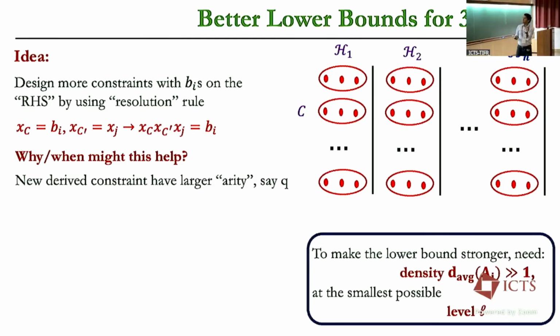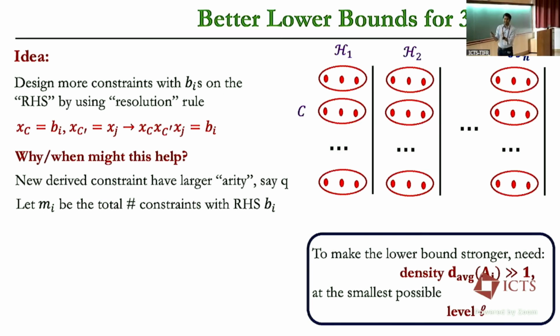Okay? On the other hand, let's try to understand how the trade-off works in this case. Suppose the total number of constraints we derive with the same right-hand side b_i is some number m_i. Now, if you go back and do the same average degree computation, in the previous one, remember it was L squared over N squared times N. The L squared over N squared came from N choose L minus 2 over N choose L, and then we said there are N over 4 elements in a matching.